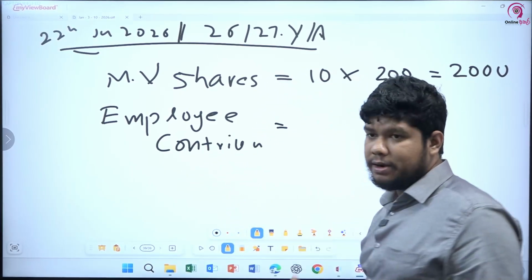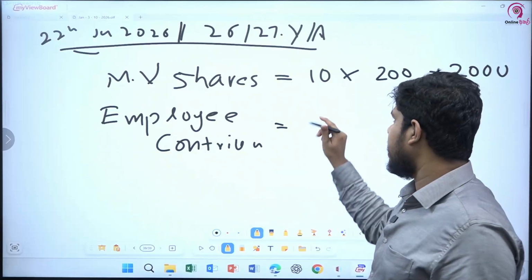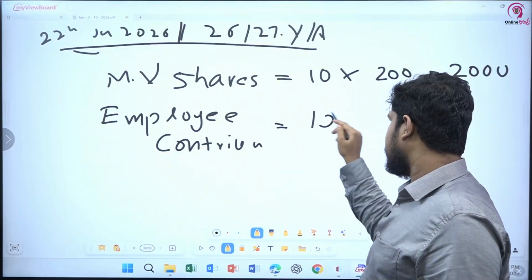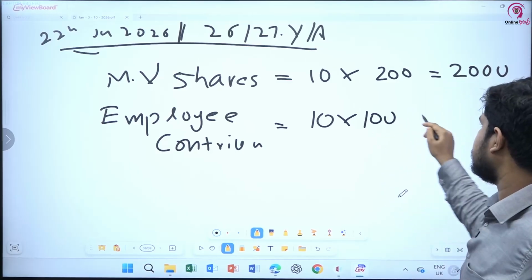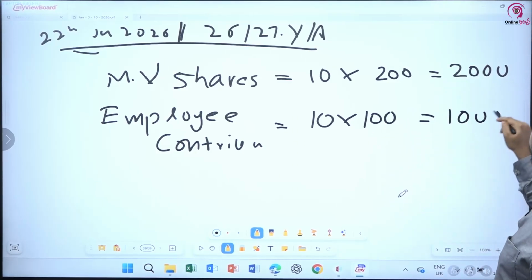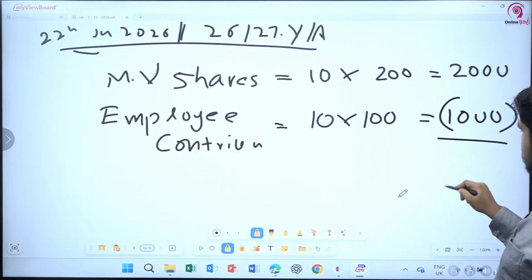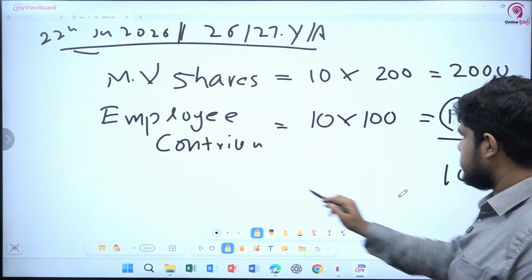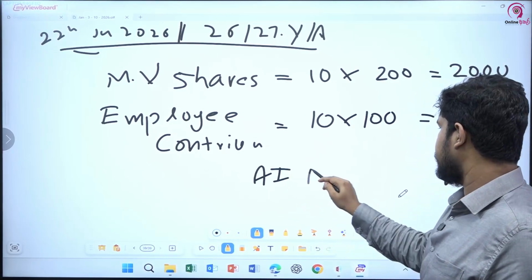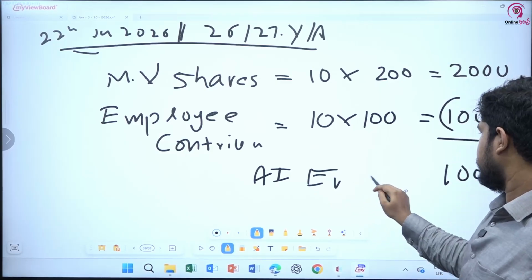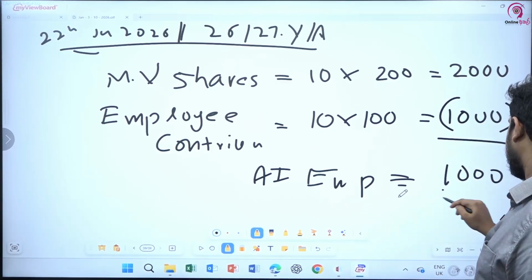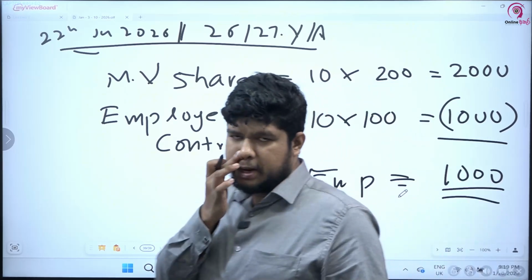You had the right to purchase 10 shares at 100 rupees each, so your contribution would be 1000. Then the balance 1000 is your assessable income from employment. So this is the rationale.